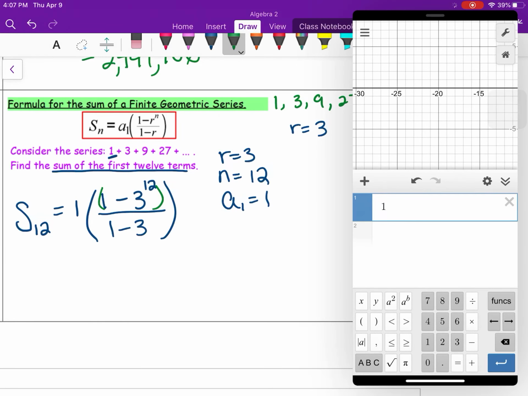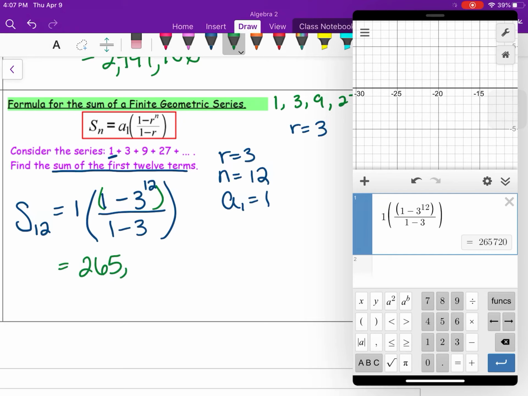So my 1 really isn't necessary out front, but parenthesis, then I'm going to start the numerator, so another parenthesis, and 1 minus 3, use the exponent key to get the exponent 12. And then divided by 1 minus 3, and then close that parenthesis.